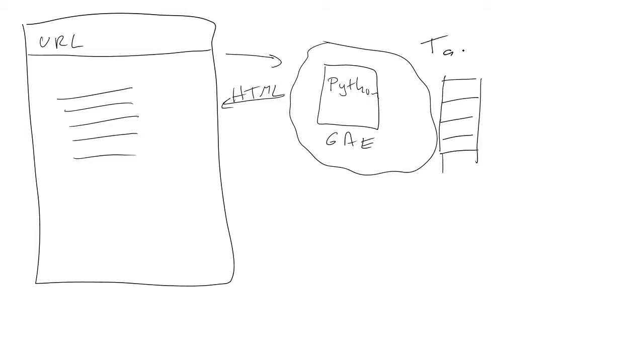So this Google App Engine task queue is essentially just a list of URLs that get added by your program. Then Google App Engine will go through the task queue and, as it has time, go and execute that code.